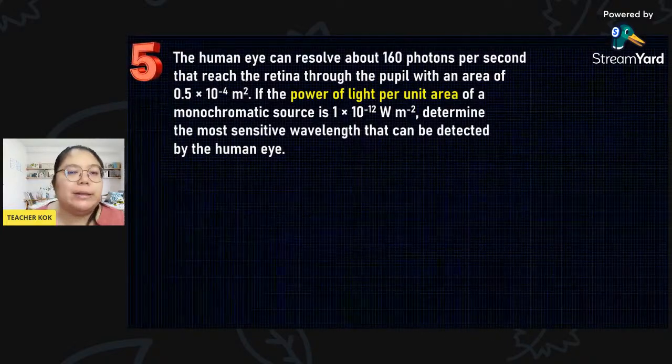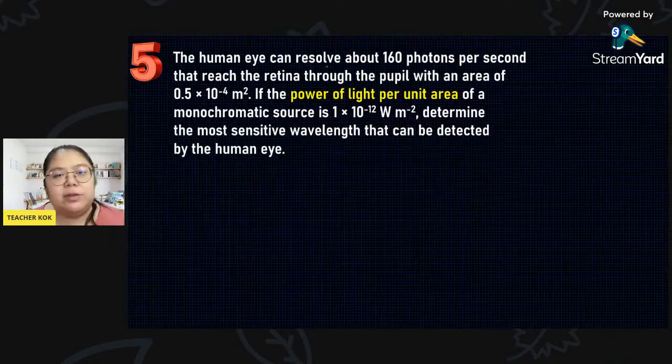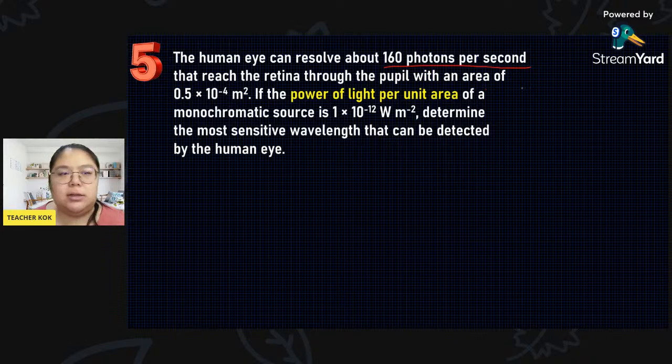Okay, the human eyes can resolve about 160 photons per second. So this one should be N, and this one is for B, 160 photons per second. Then they reach the retina through the pupil, and the area is provided.